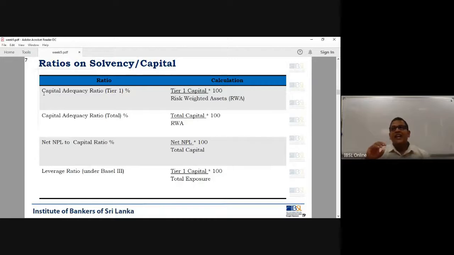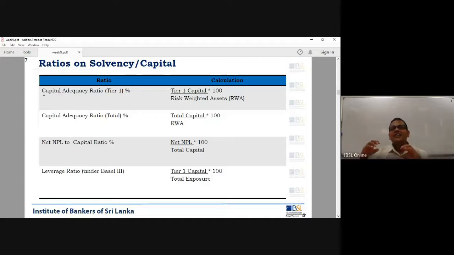So what they have done is give different risk weights for different assets. For example, if it is credit, loans and advances, it has to be multiplied by 150%. For different rating customers, AAA customers 20%, AA customers 50%.